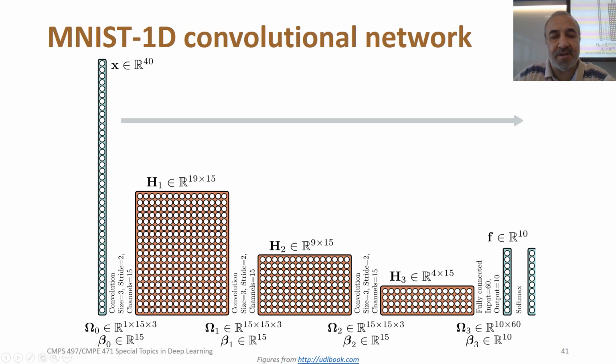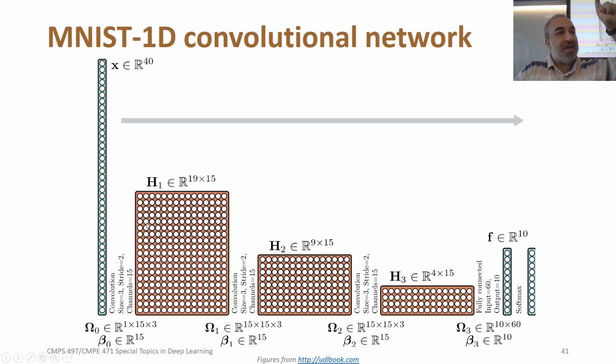Don't look at the numbers and the text, look at this figure. This is like the hidden units in the layer. This is a convolutional layer, structured that way so that we know how many channels. So how many output channels in this layer? The number of columns here, which is 15, and the number of rows here is 19, which means what?